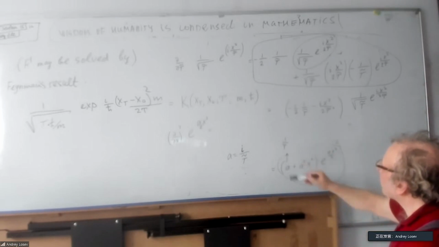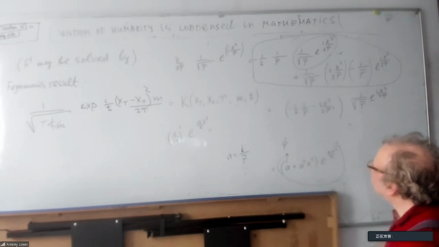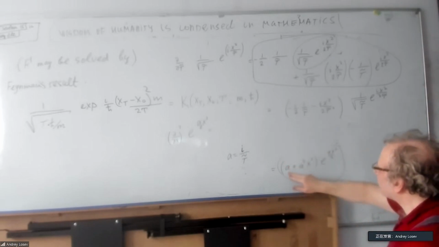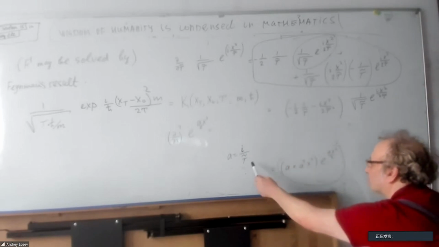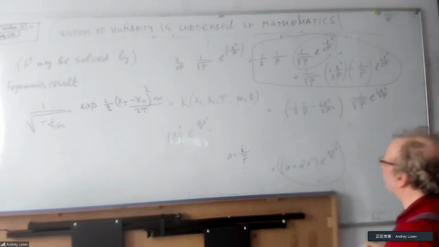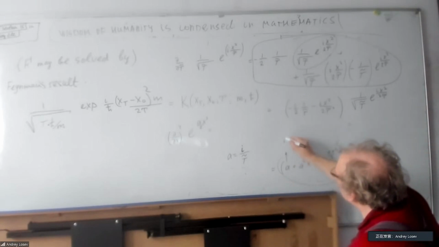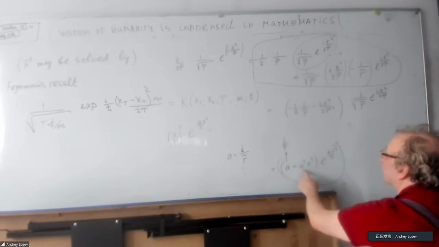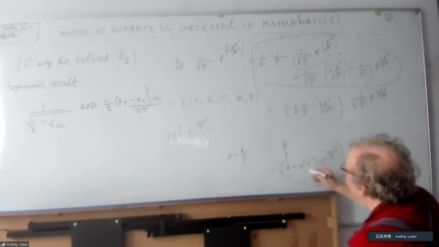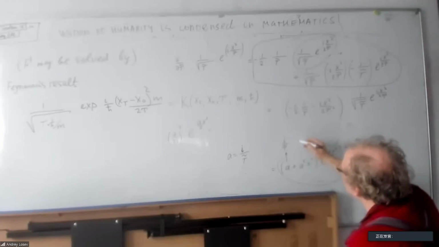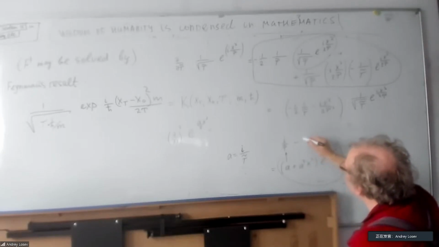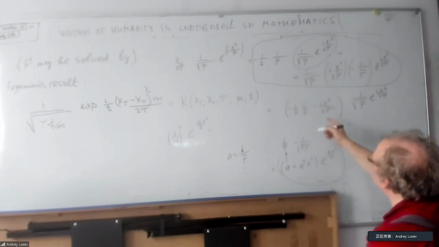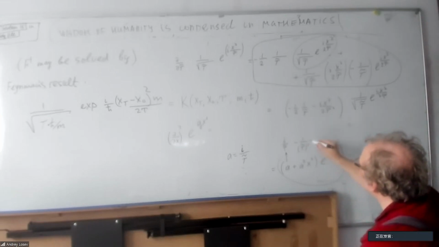So what I have here, I have a term here and a term here. So if I plug it here, I will get i over t tilde. If I plug it here, I will get minus 1 over t tilde squared, x squared.